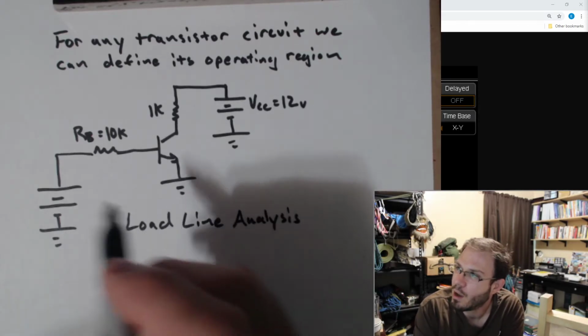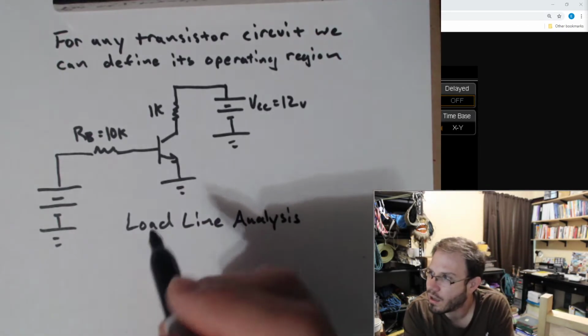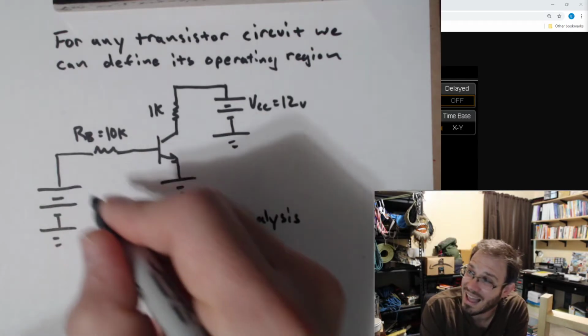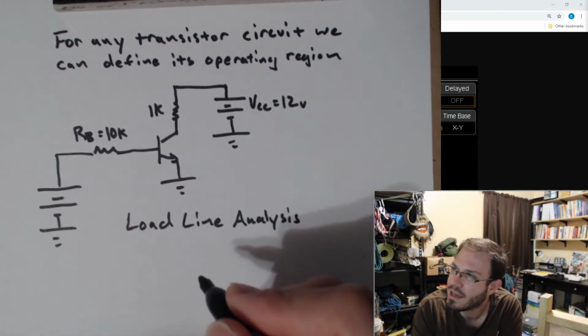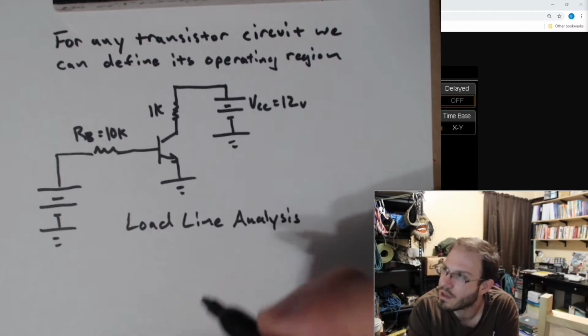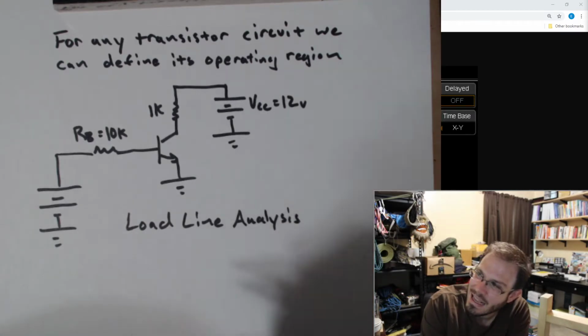If we can find where saturation and cutoff happen, we can draw a line through that characteristic curve that defines all operating points for our transistor in an actual circuit.